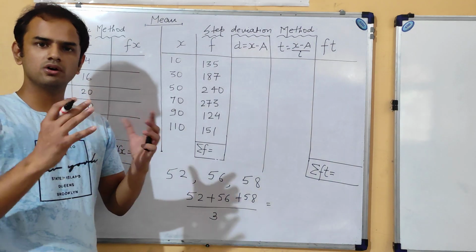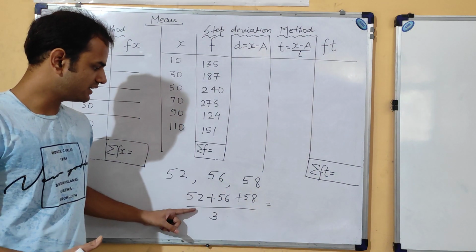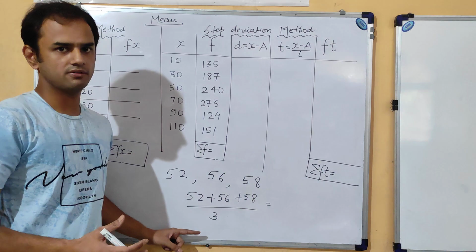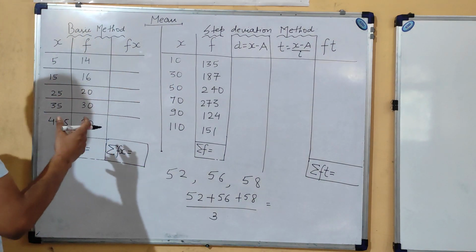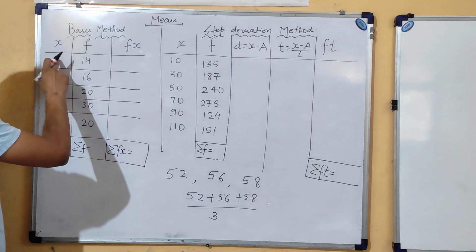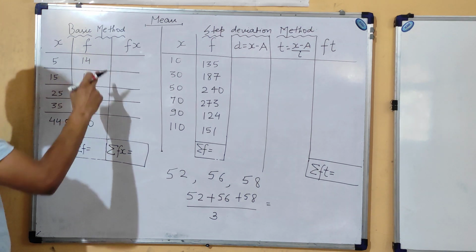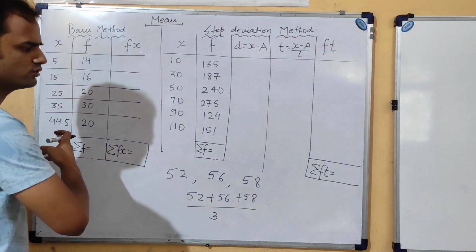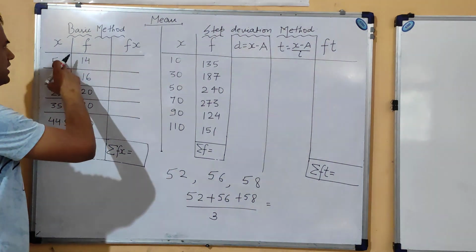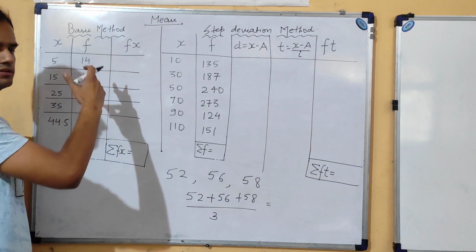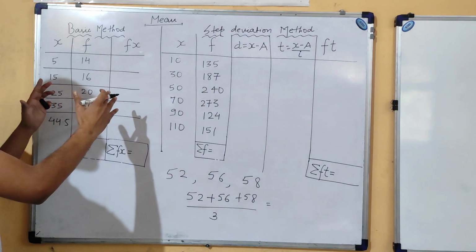You have to add all the observations and divide by the number of observations. Now, if an observation like 5 occurs 14 times, it will take much time to write 5 plus 5 plus 5, 14 times. So a frequency table is prepared.